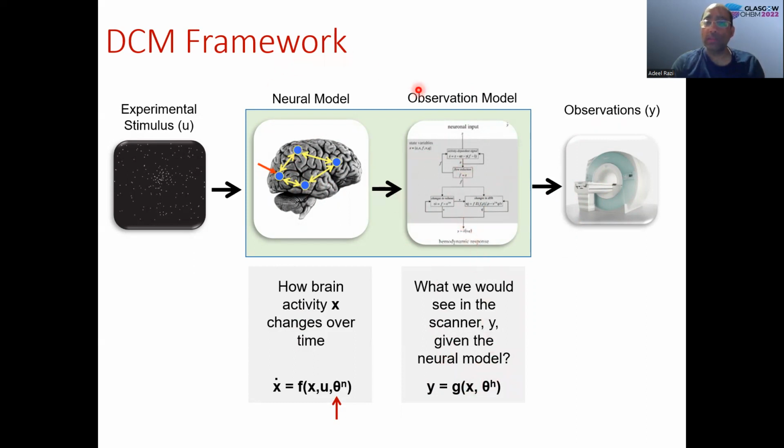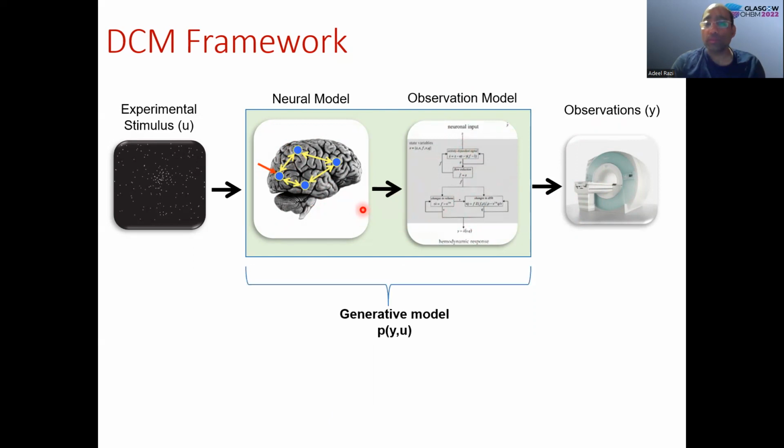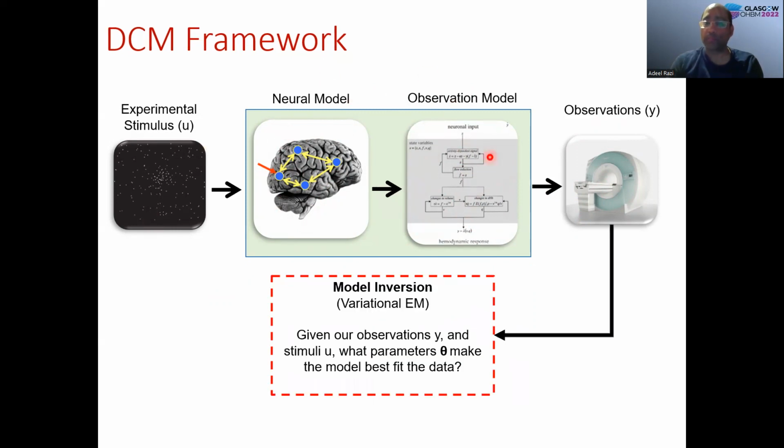Together, these two models, the neural model and the observation model, give you what we call a generative model. So this is how we define our generative model.